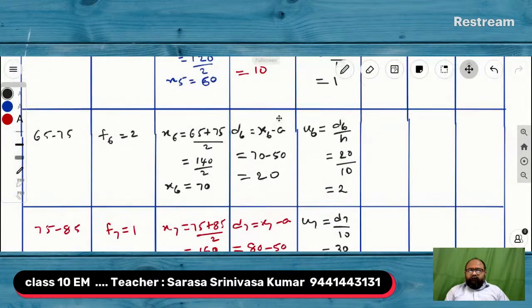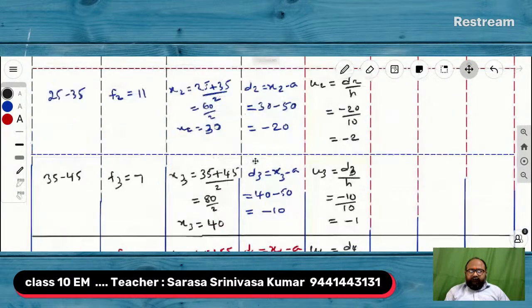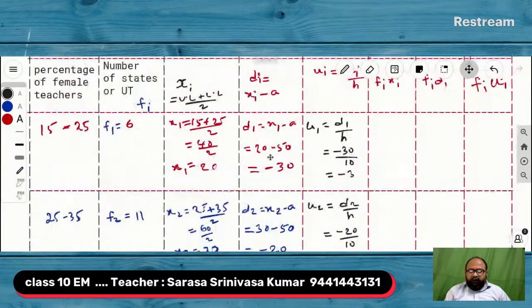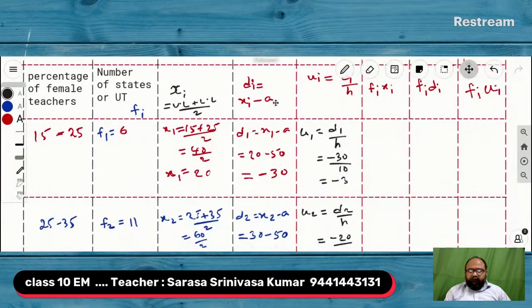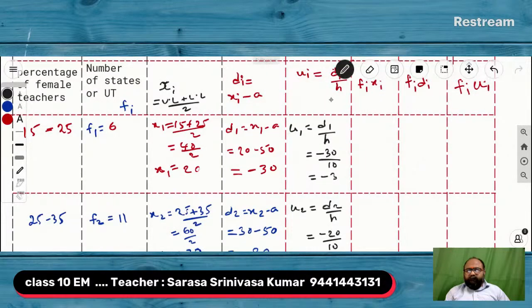Now we have calculated xi, di, and ui. Now we can find these three columns.